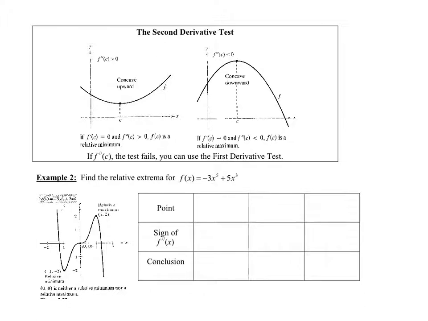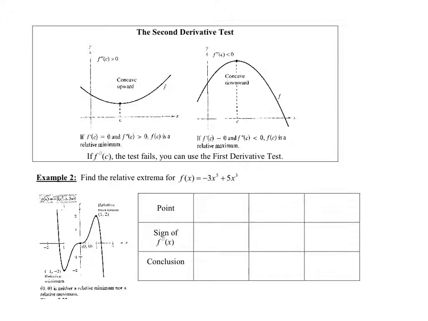We've already looked at the fact that to determine if something is a relative min or a relative max, you can use the first derivative, set it equal to 0, and find your critical numbers, or find where it's undefined. Then you set up the sign diagram, and anywhere you saw a change from increasing to decreasing, you had a max point, or from decreasing to increasing, you had a min point.